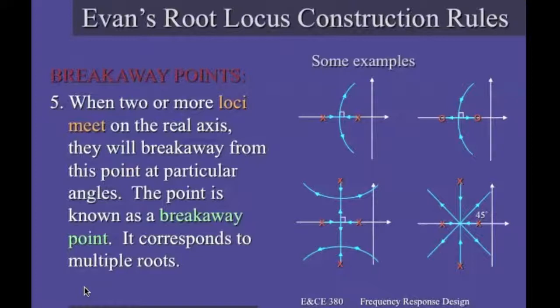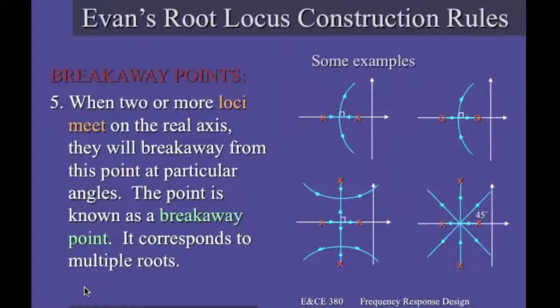But according to rule number 2, you know that from each pole a trajectory has to start. So we will have a trajectory starting from the rightmost pole and moving to the left, and another trajectory starting from the leftmost pole and moving to the right.